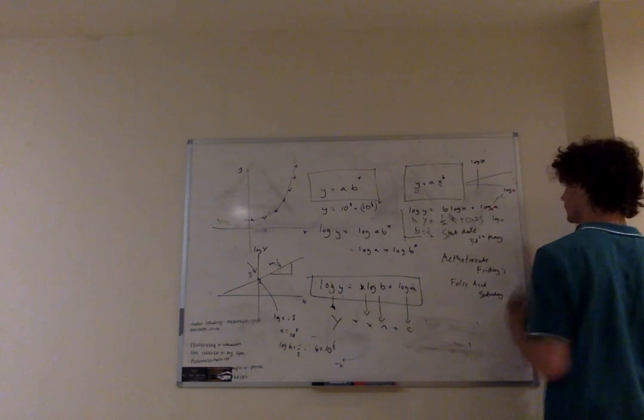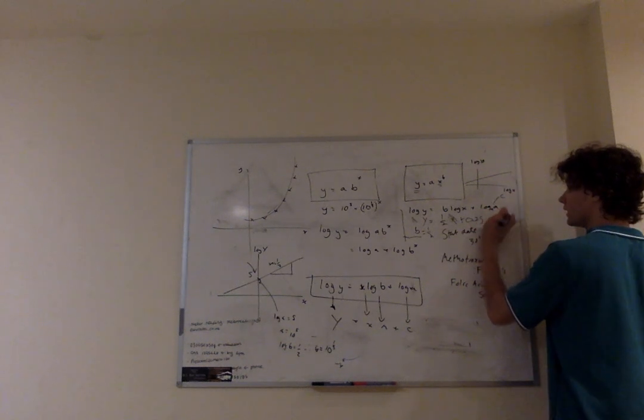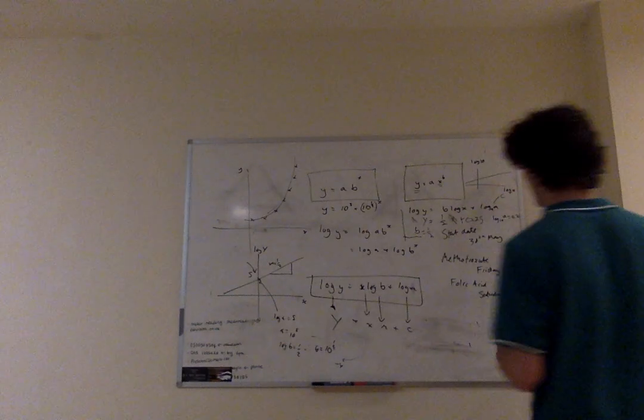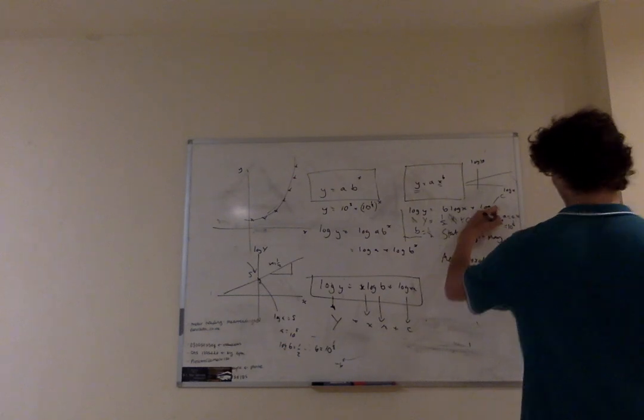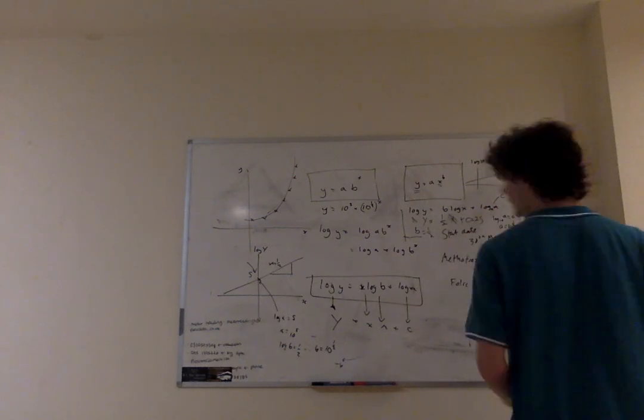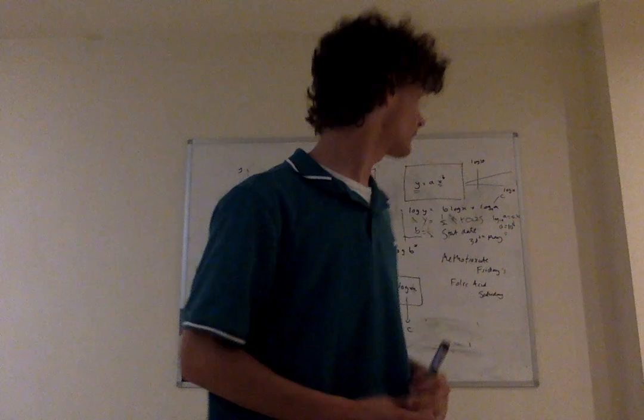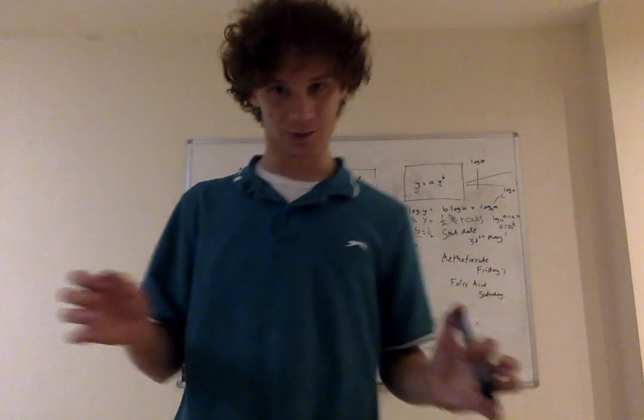So log to the base of 10 of a equals 0.25, because these both equal c. And then that would obviously be 10 to the power of a quarter equals a. And what is 10 to the power of a quarter? I'm not sure, but you can figure that out.